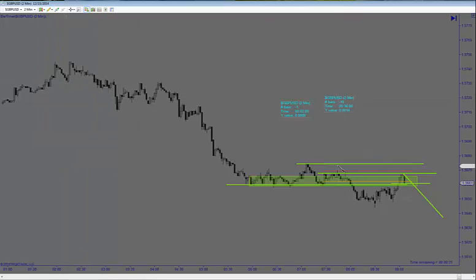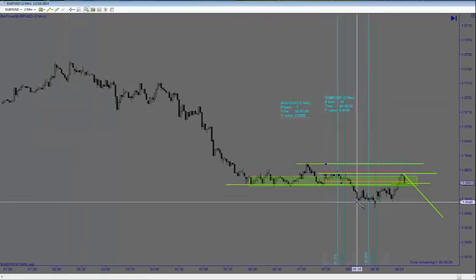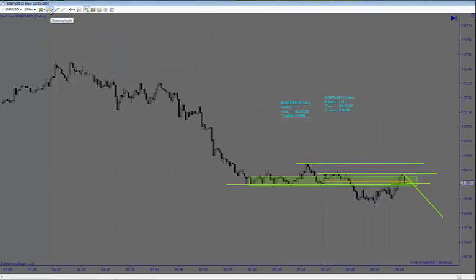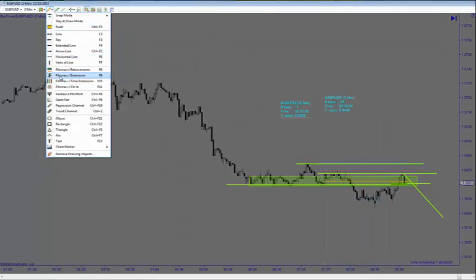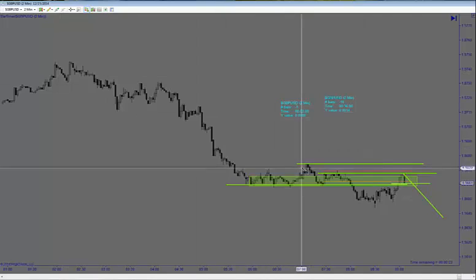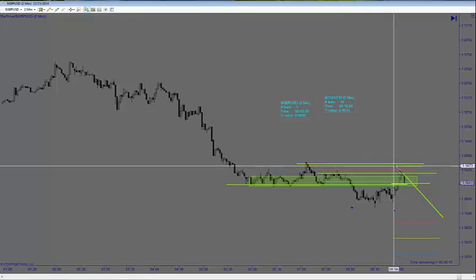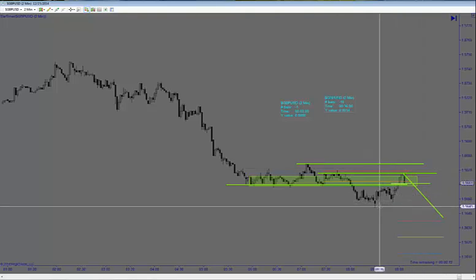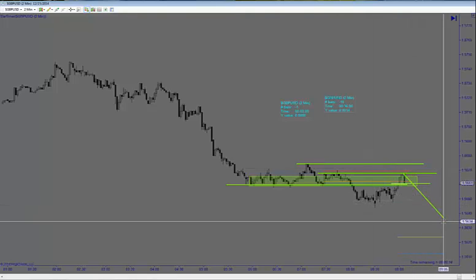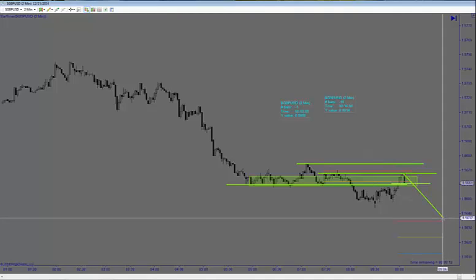Fibonacci extension. I have an expectation of at the very least a 127 extension to be hit. I see that a 1-to-1 finishes here.